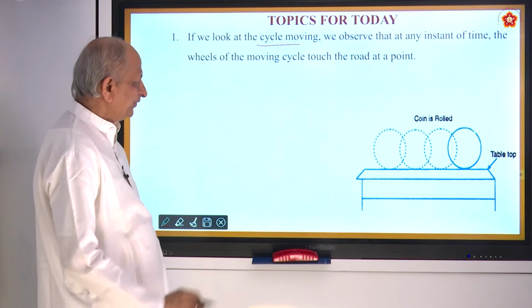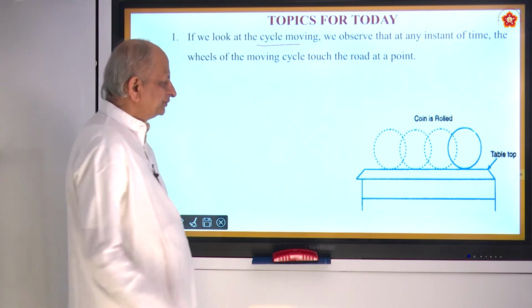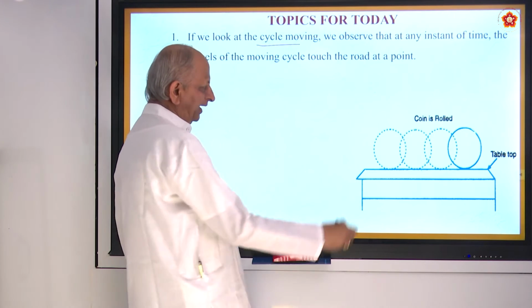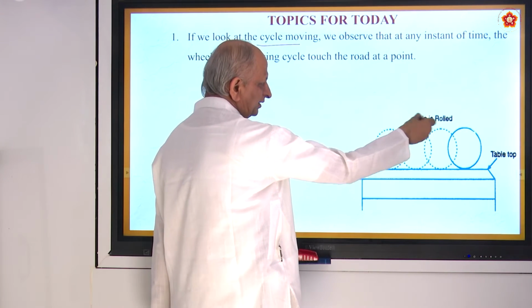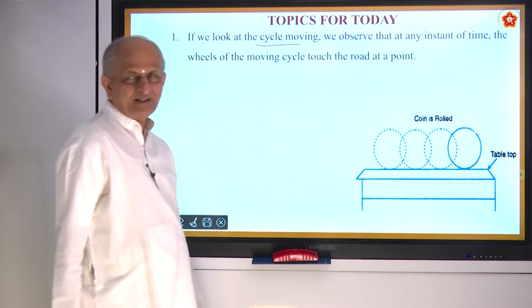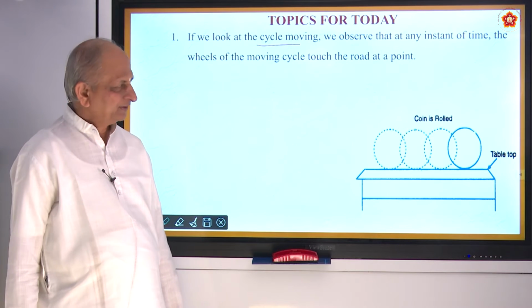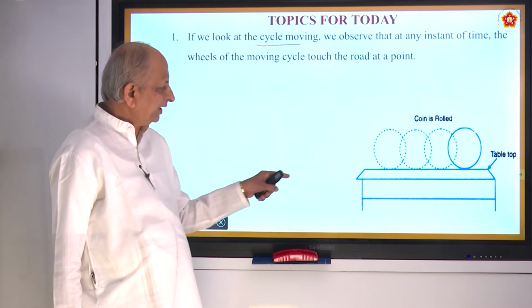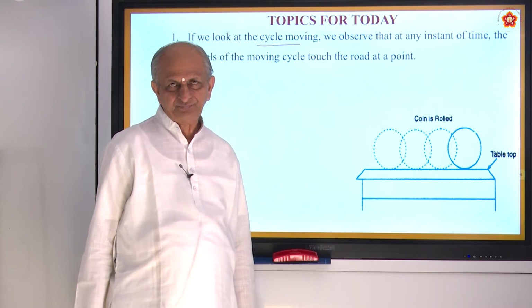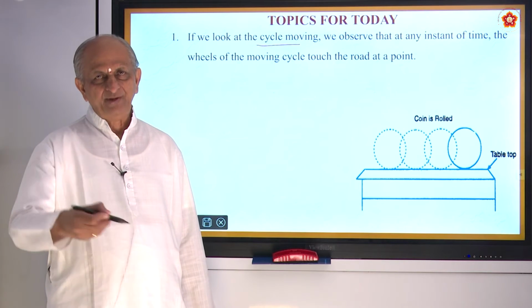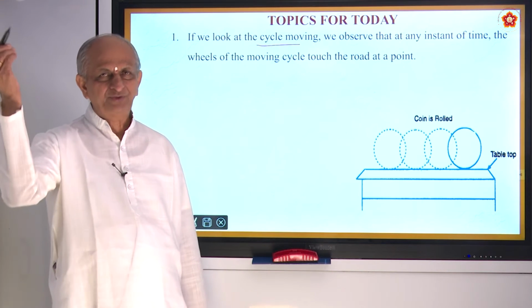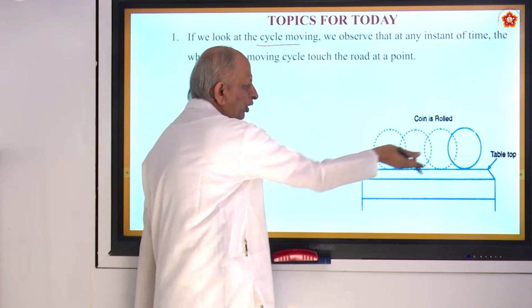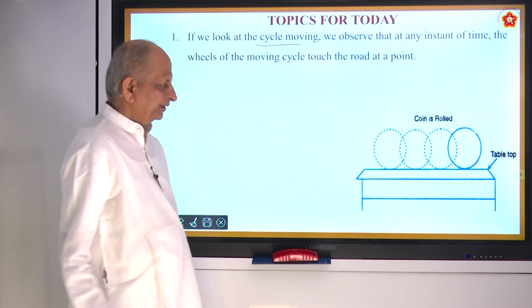And a road, if you take it, will be like a straight line, and the tires are like circles. So when they move, they touch the road at one point, and as they move, the point moves. Is it not?